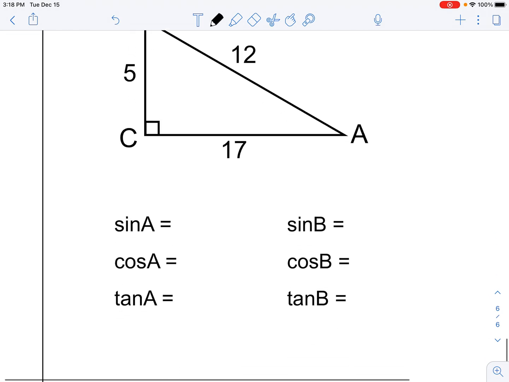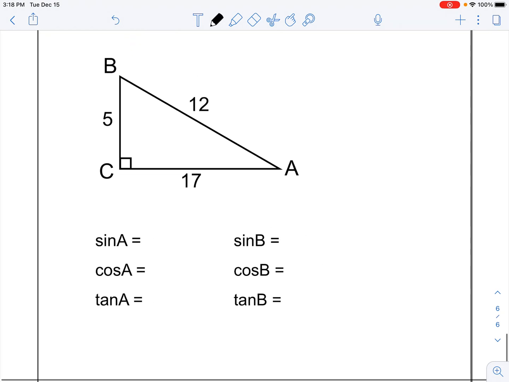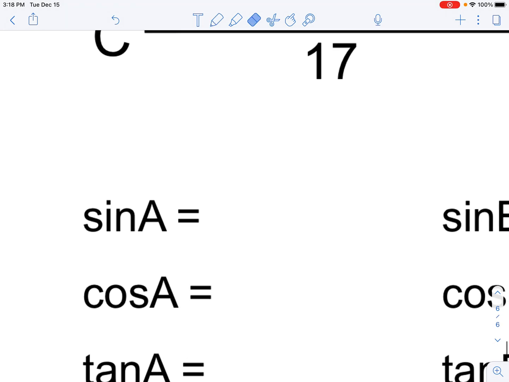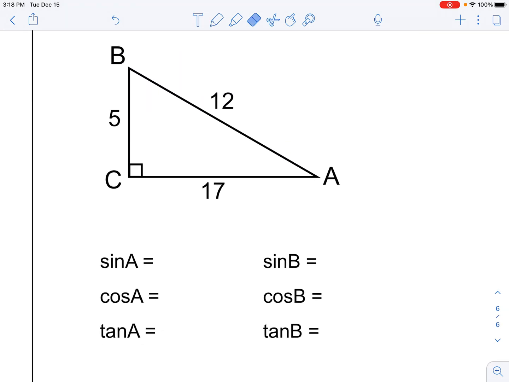All right, so now I just want you to pause the video, try these 3 ratios out, get the 3 for A, and then get the 3 for B. All right, so pause it.